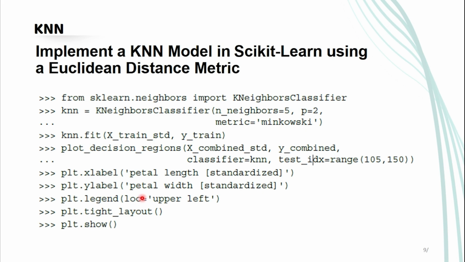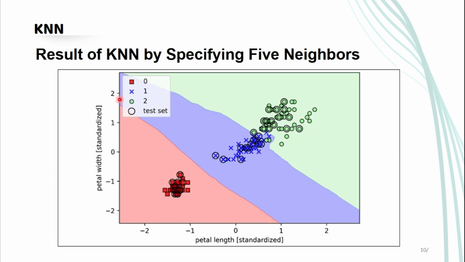This helps us understand the decision region for the KNN algorithm. If we use matplotlib to plot the decision region for the iris data set, we can see there are three regions. The boundary of the region is not like the one from perceptron or logistic regression. It is not a line, because each point decides the region based on its nearest neighbors.